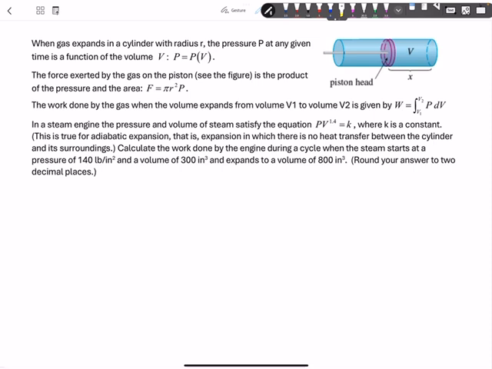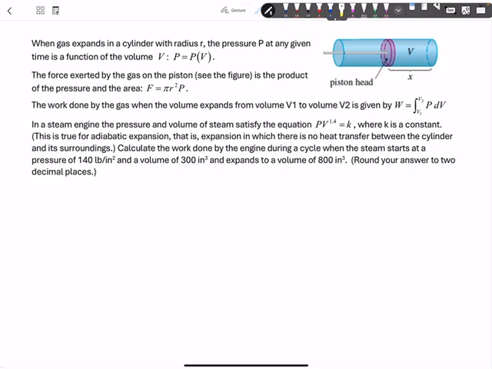The work done by the gas when the volume expands from a volume V1 to a volume V2 is given by work equals the integral from V1 to V2 of that pressure function P of V dV. For our particular problem, in a steam engine, the pressure and volume of steam satisfy the equation P times V raised to the power 1.4 is equal to K, where K is a constant.